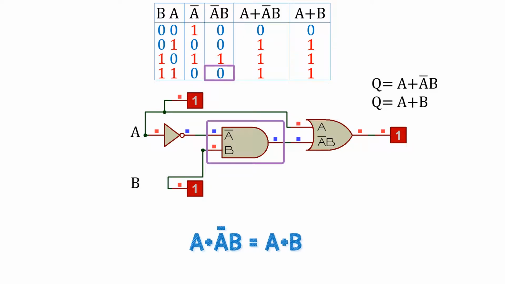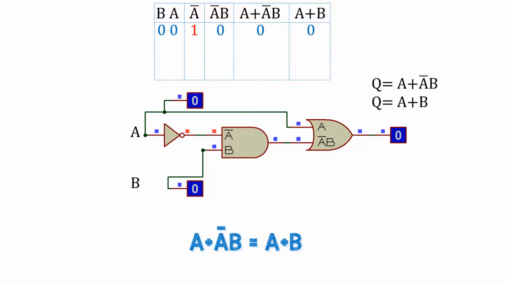Now both inputs are high, and so long as A is high, the output will be high through the OR gate. So this proves that the two expressions are the same and can be interchanged. A or not A B is the same as A or B, so we're saving ourselves some logic gates. And this is just a quick animation to go through the truth table a few times.